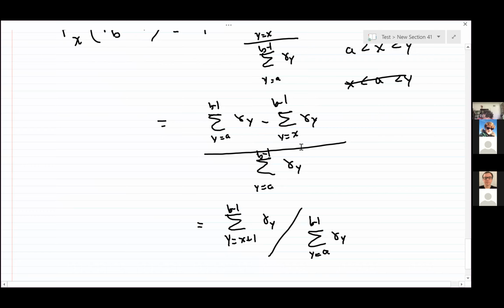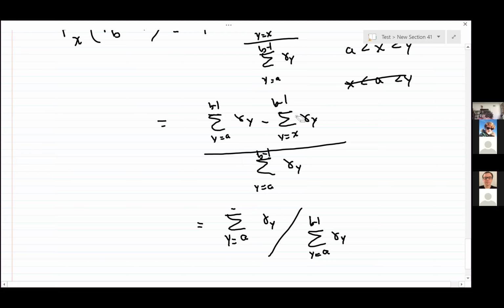So it would be going from, change this to be A and change this B to be X. Let's make sure maybe it's X plus 1. So this has all the terms because A is the smaller, so this is the bigger sum.